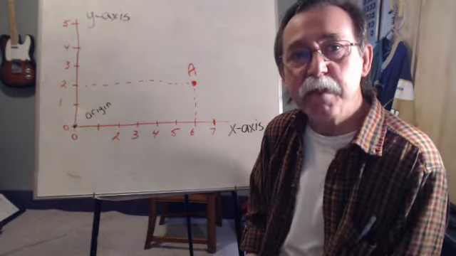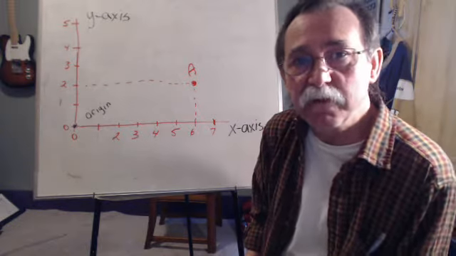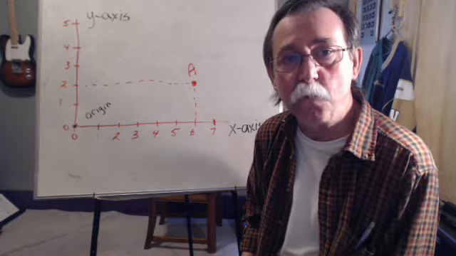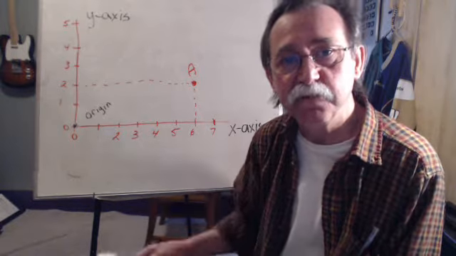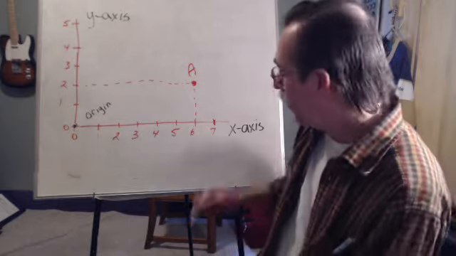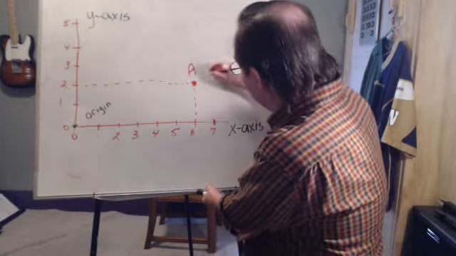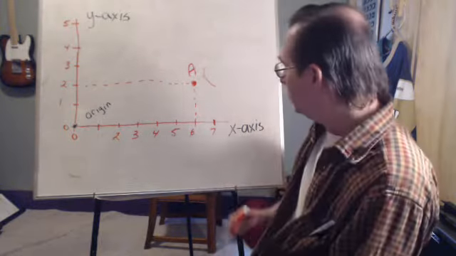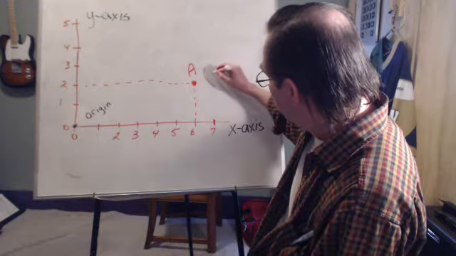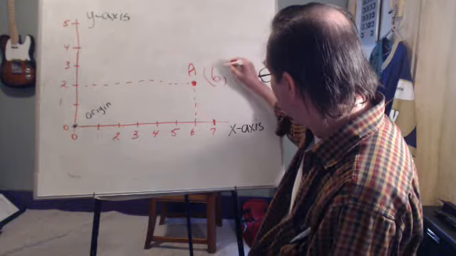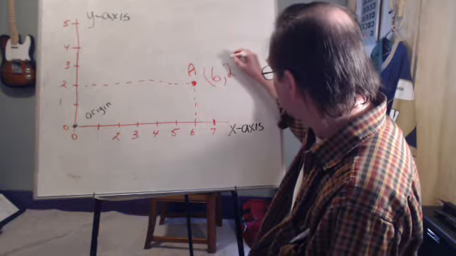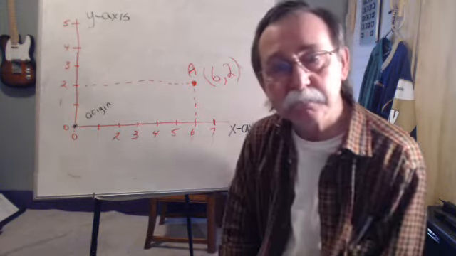We need to make some rules as to how to say it. It's going to be called the point (6, 2). This is how we write it. We use a bracket. We say 6 first, 2 second, and close the bracket.